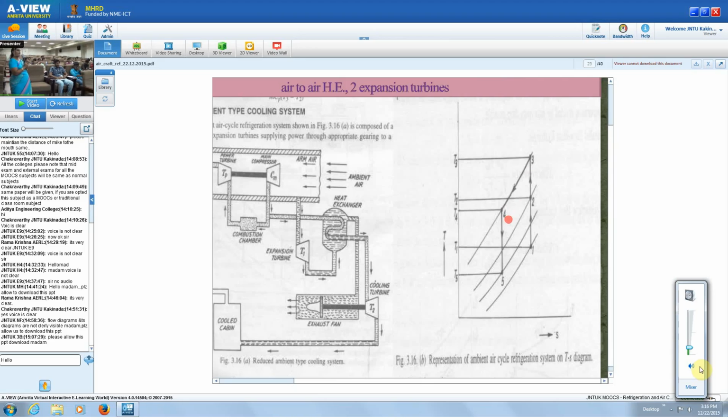So that's why here the expansion in the first turbine is not given. Okay. So the work done by the first turbine is utilized for cooling the compressed air in the heat exchanger. Whereas 4 to 5 is the expansion in the cooling turbine. Okay. That is used for running this fan.